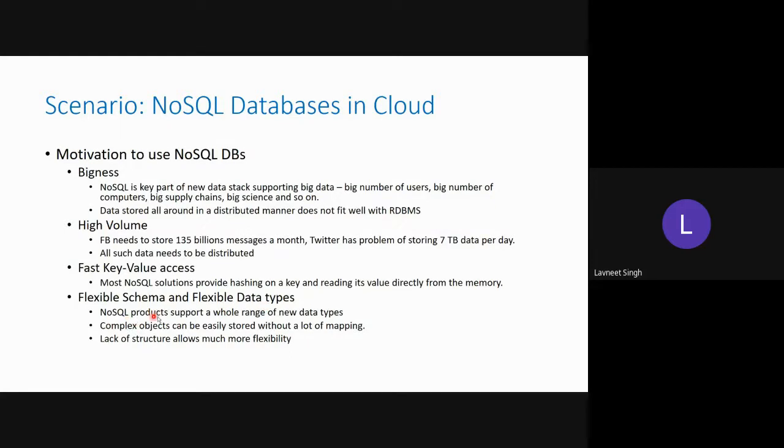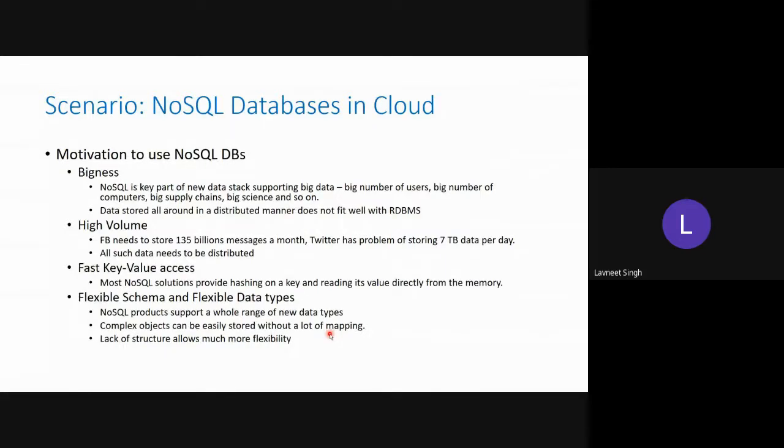NoSQL products support a whole range of new data types. Complex objects can be easily stored without a lot of mapping. Like I was talking about mapping between properties of the object and the columns of the RDBMS table, that has to be a one-to-one direct mapping.